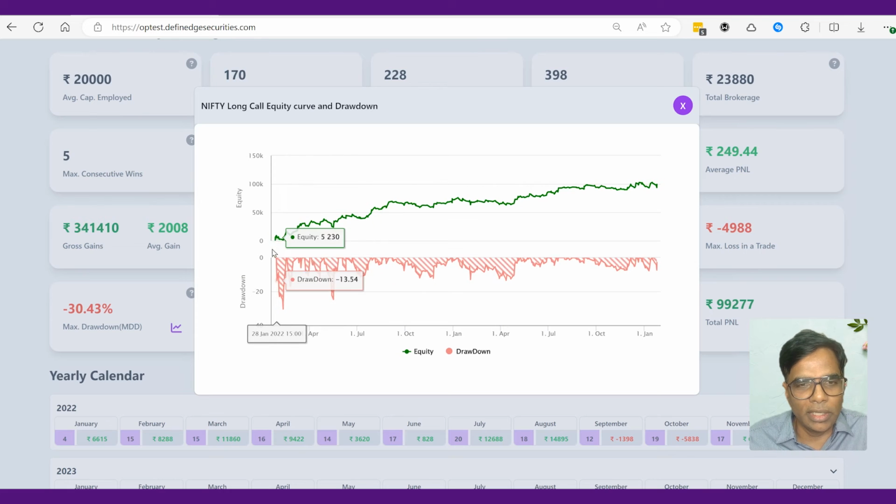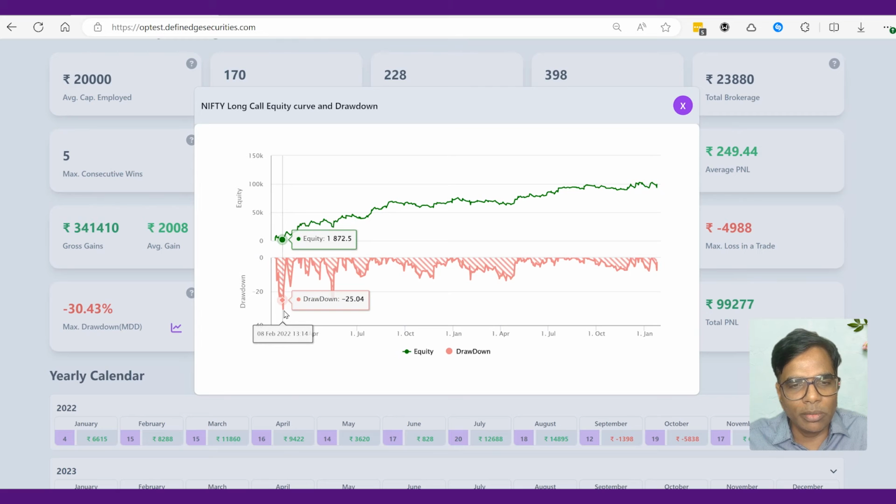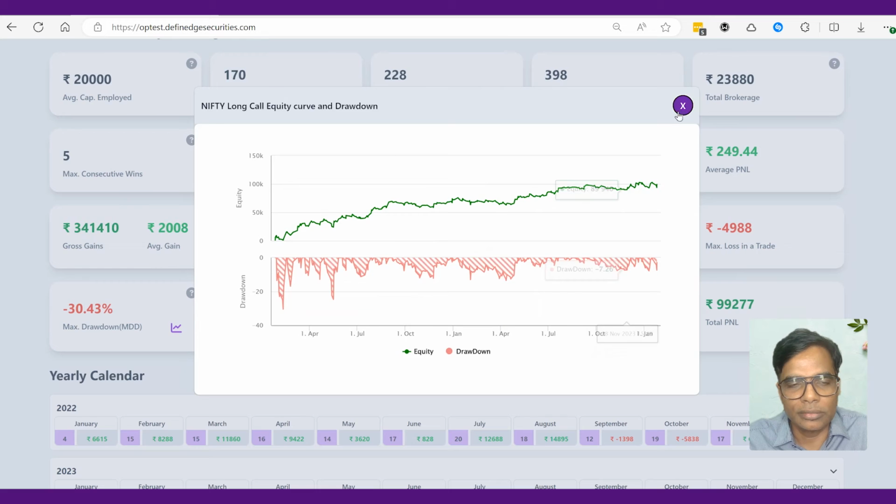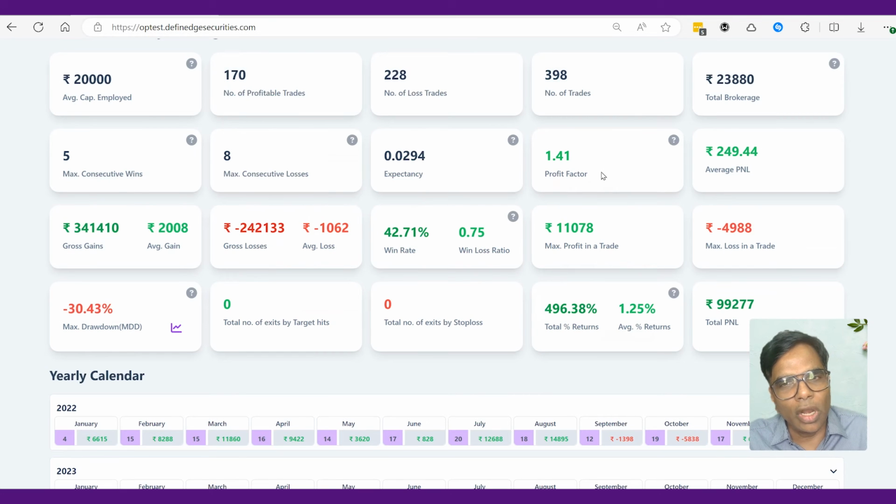If you look at the drawdown, that will be your maximum drawdown here. That happened very early, and then not much below that. For long only trades, when you are buying naked calls, this kind of returns and maximum drawdowns and win rates are expected.